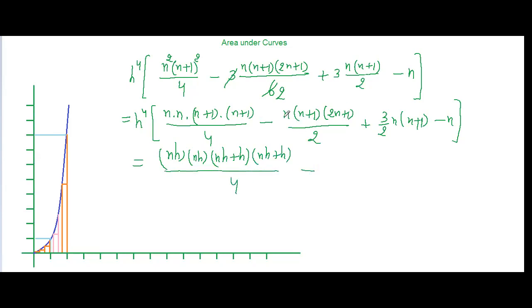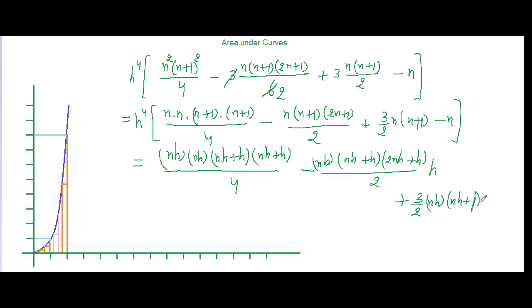Here I have 3 terms to adjust, 3h: nh, multiplied by nh plus h, multiplied by 2nh plus h, divided by 2 into h. Here I have only 2h to be adjusted, nh into (nh plus 1 h) multiplied by h square, and the last term nh into h cube.